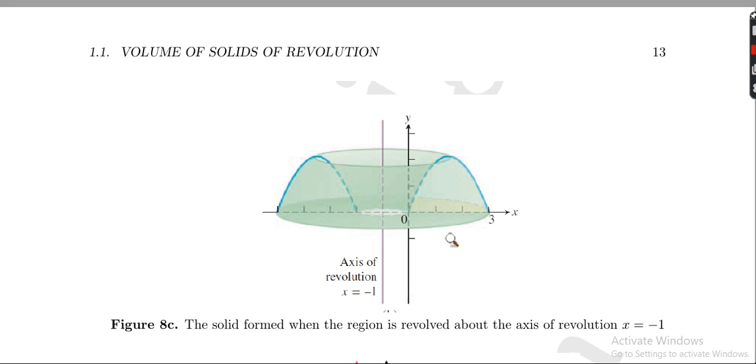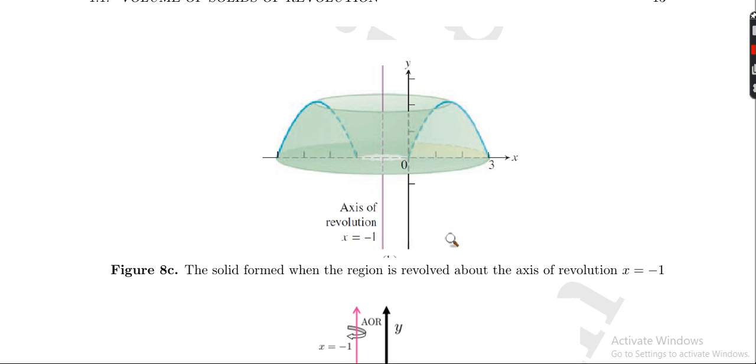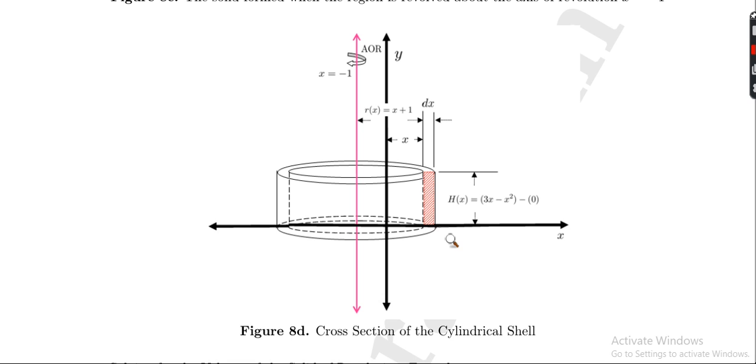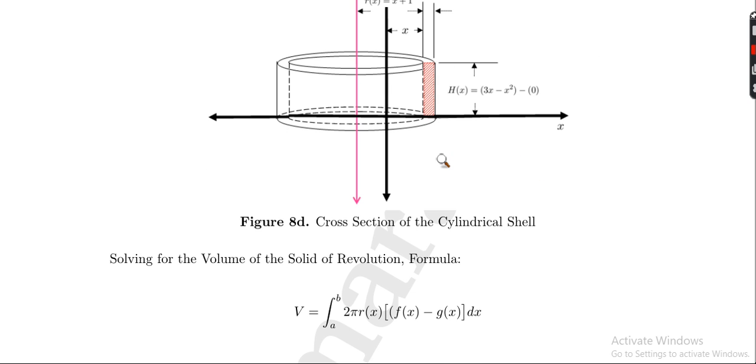Okay, so the most important illustration under this method is the cross-section of the cylindrical shell. Okay, because here we can get all the information we need for the volume formula of the solid using the cylindrical shell method. By the way, before we identify what we need, let us first recall the formula of our solid under cylindrical shell.